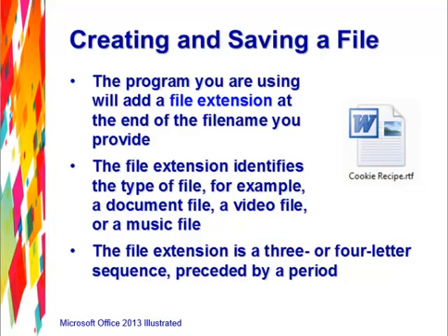So the program you're using will add an extension to the end of your file, like a Word document is docx, Excel is XLS, I think, and off the top of my head I can't think of any quick extensions, but it'll have a 3 to 4 digit or letter extension after the file name and a period that'll tell you what type of file it is, and it helps you understand what you're looking at.